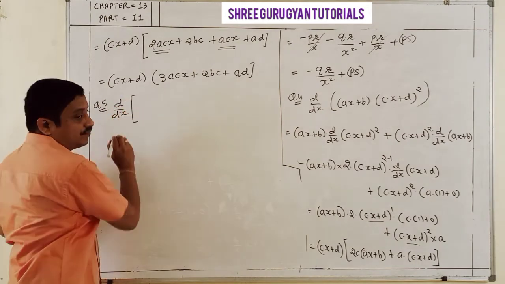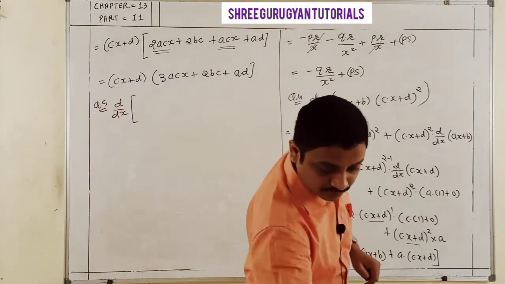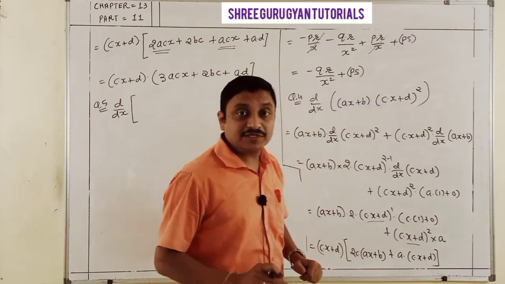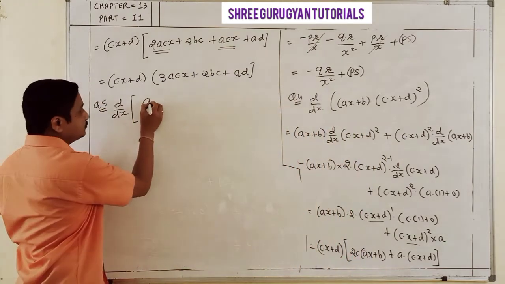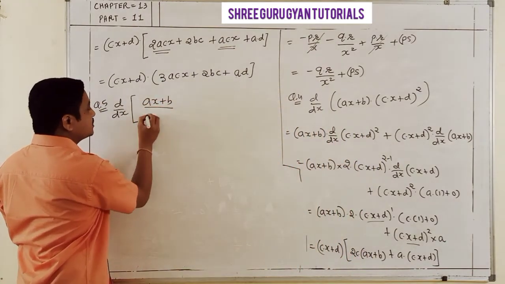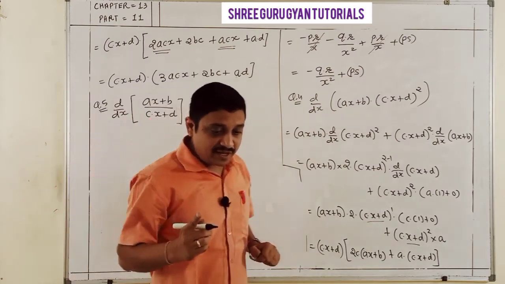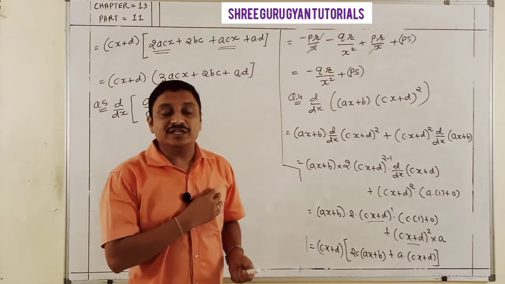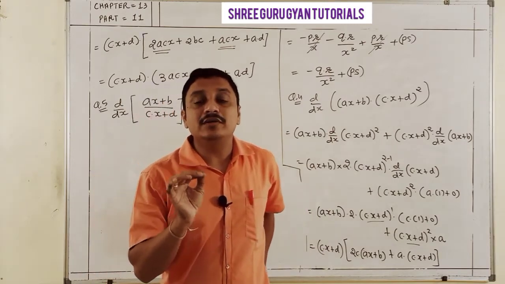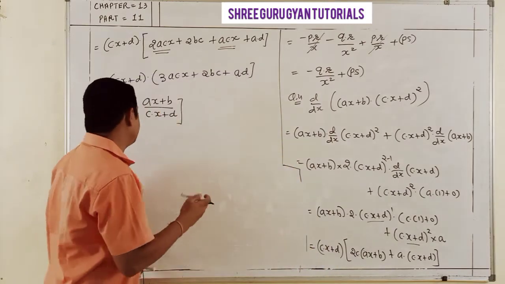d/dx of, in the same range, fifth one, (ax + b) upon (cx + d). One more time check, (ax + b) upon (cx + d). So here I will go to the simple division rule. Yes, the u by v rule.